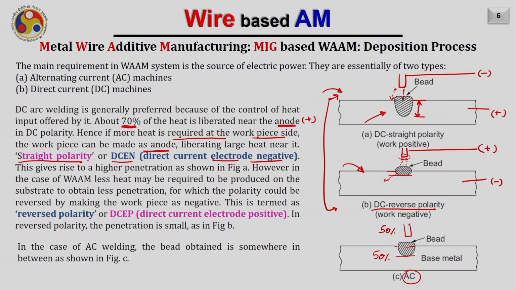So this reversal of the polarity is very important when you deal with such materials. Those immediately create oxide layers, and the melting point of those oxide layers is quite high. However, for conventional steels, DC current is sufficient.